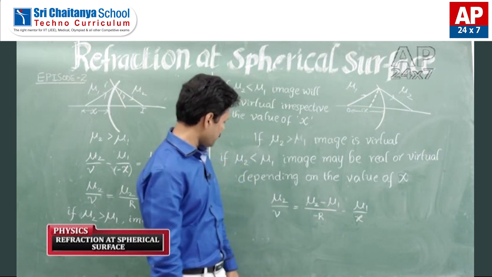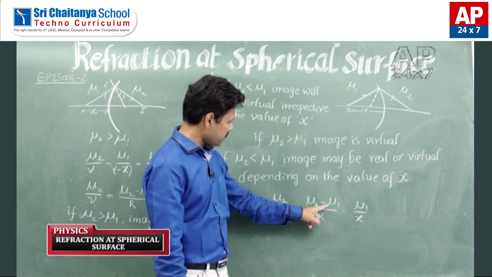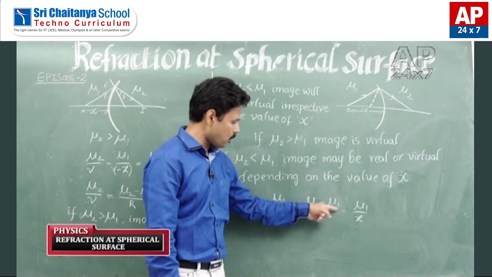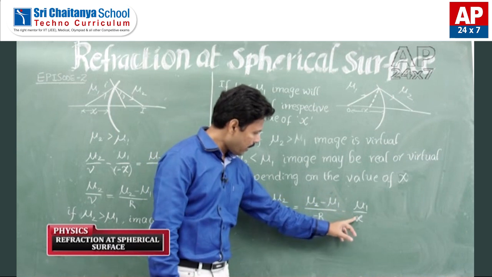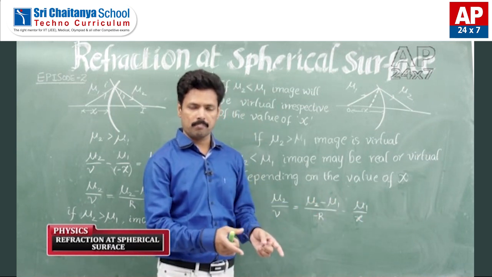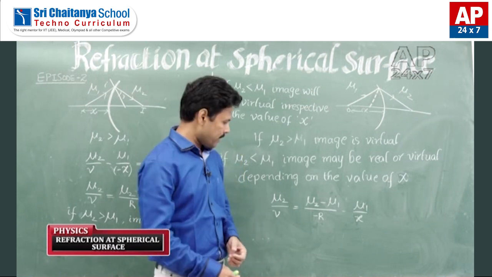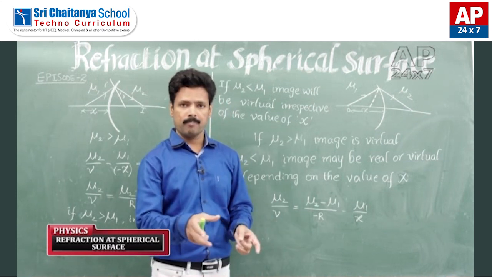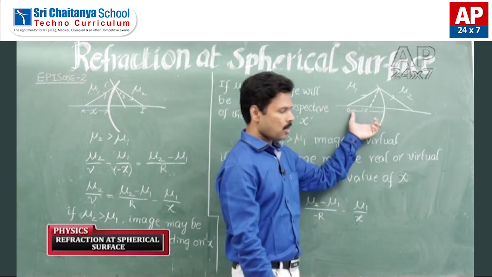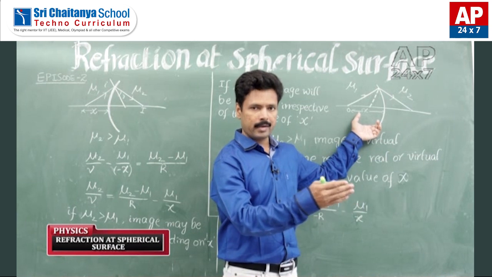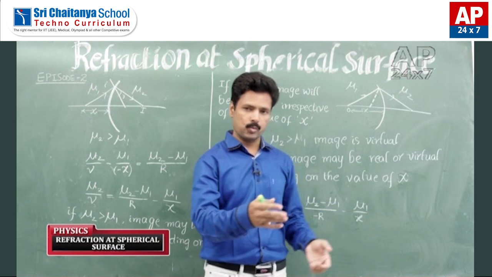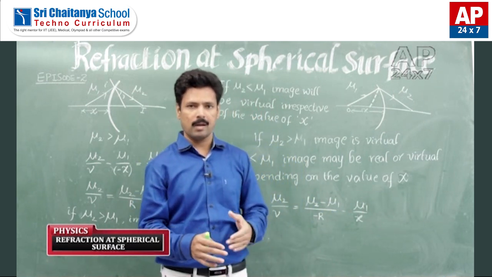Here mu2 minus mu1 is negative and this is also negative, so the total is positive. This is positive and this is positive, so the total value may be positive or negative. That means the image may be real or virtual. So the conclusion is, when the object is on the concave side and in the denser medium, the image may be real or virtual depending on the position of the object.